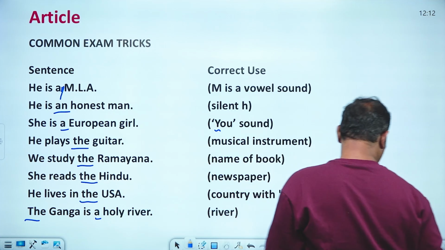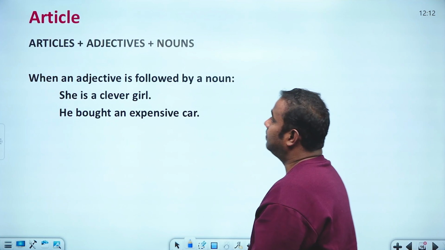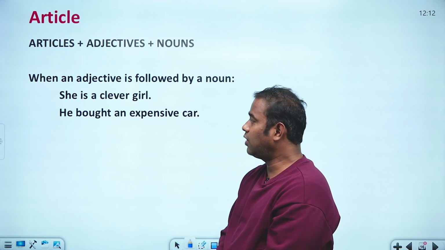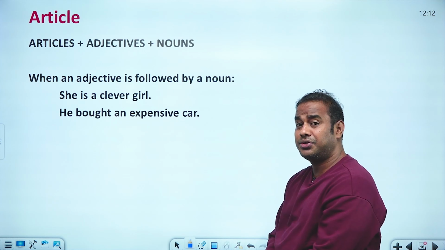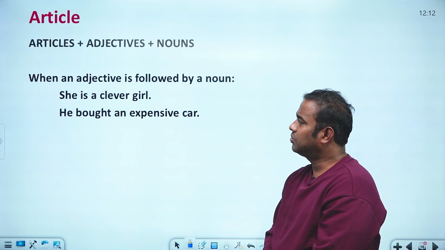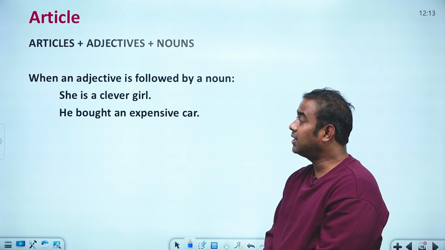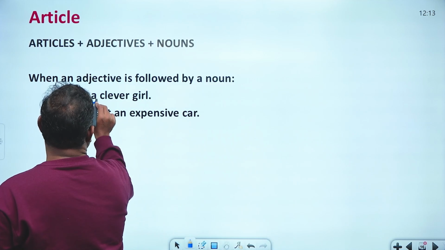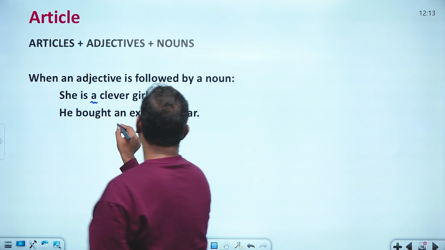Okay, so like this. Then whenever an adjective is followed by a noun, that time also you must use articles, unless it is a superlative or a comparative. So here, she is a clever girl. Look at here, he bought an expensive car.